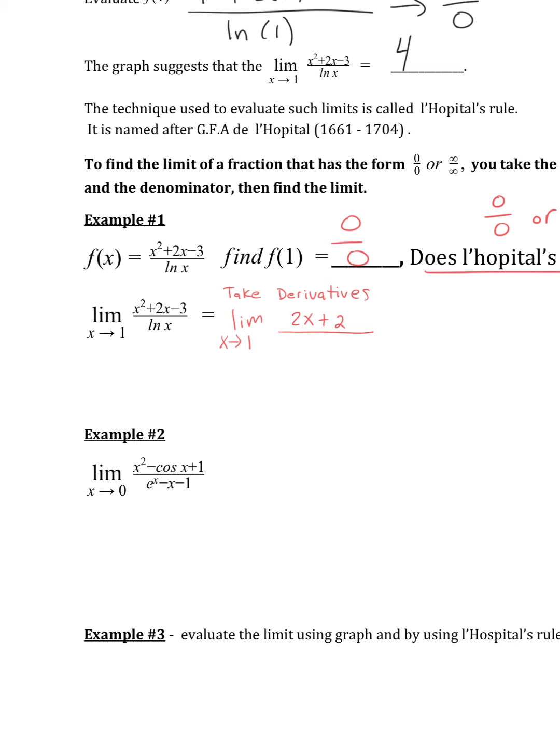Now, the derivative of ln x is 1 over x. Now we see if we can do direct substitution. That means that we simply plug in 1 for x.